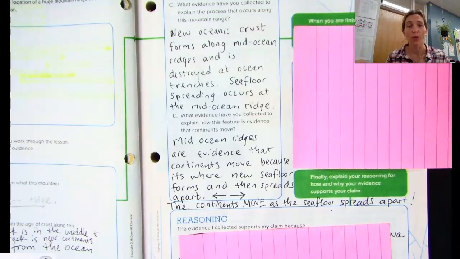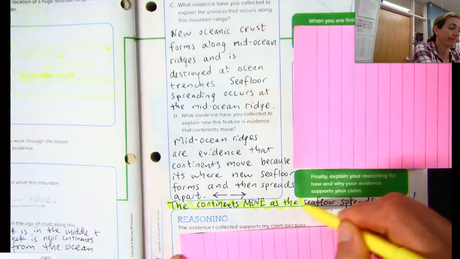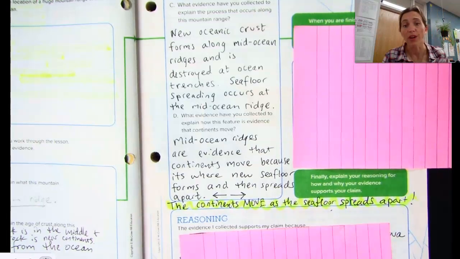And that's what we are seeing between all three maps now, some of our investigations, and the model that we made this week. So the continents move as the seafloor spreads apart. That is the important concept for the week, for reals.